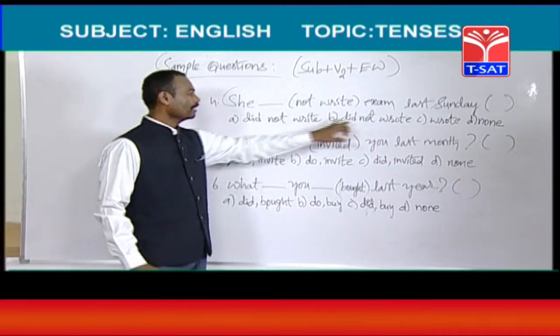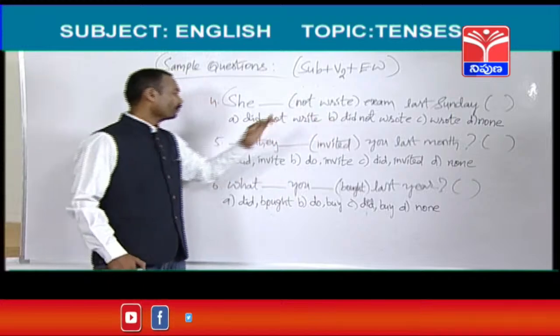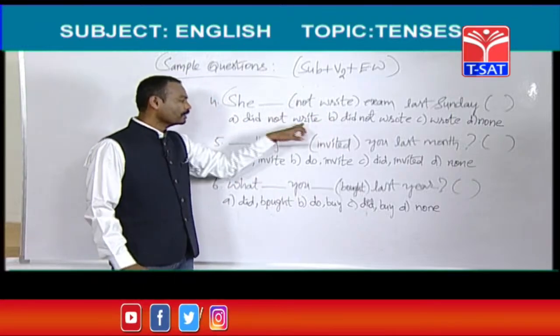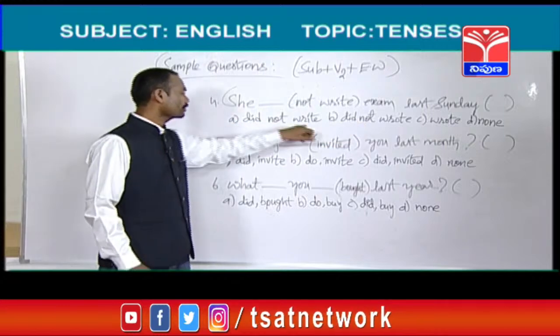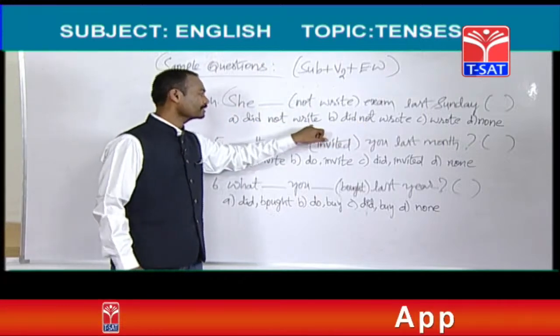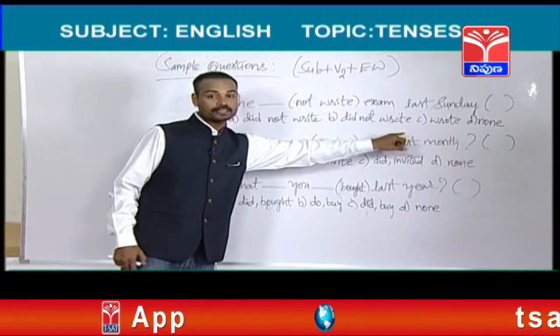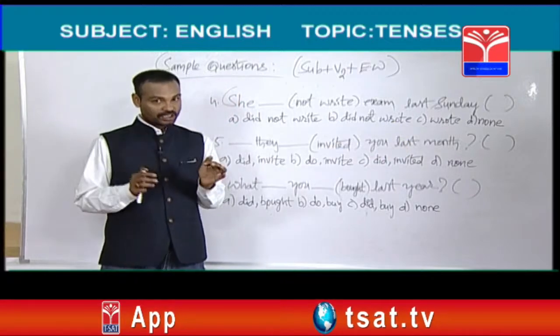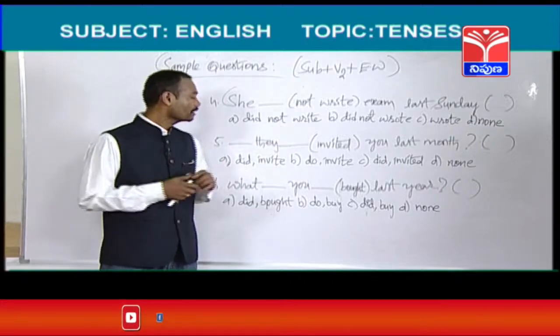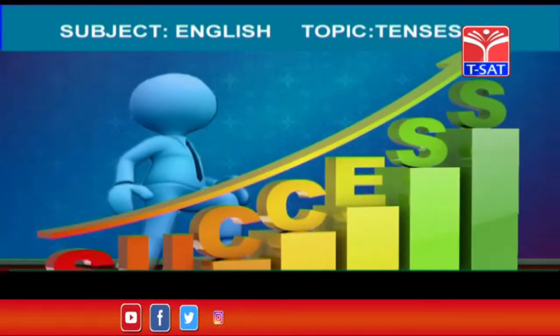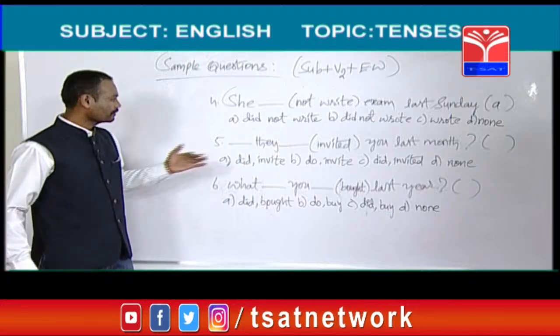Did not write or did not wrote? What I have told you, when we use did, should we use V1 or V2? What is the difference between here and here? Did not write: did is there, V1 is there. Did not wrote: did is there, V2 is there. So, when we use did, we should use the first form of the verb. So, the answer is did not write. The answer is A. Fine.